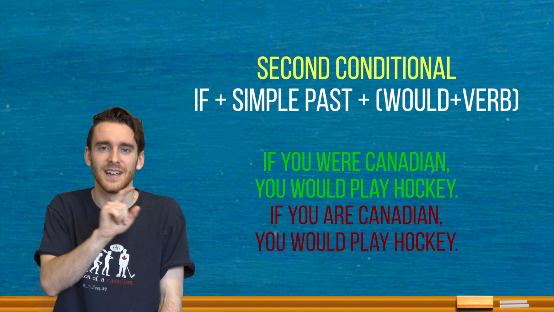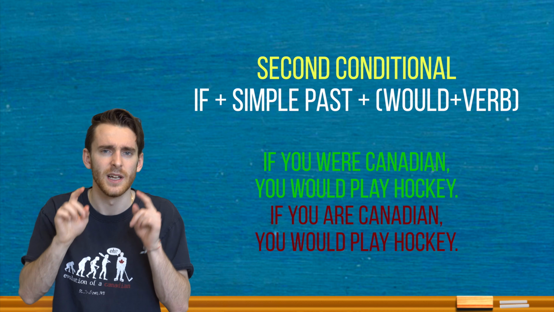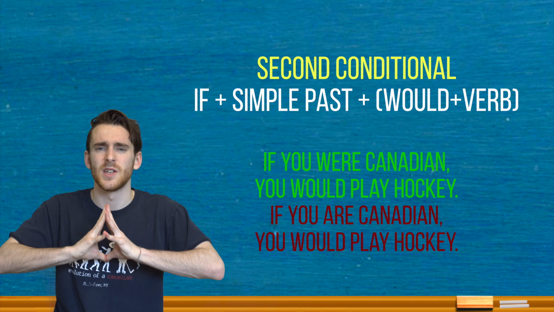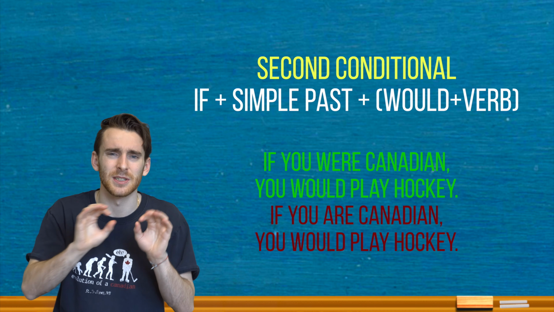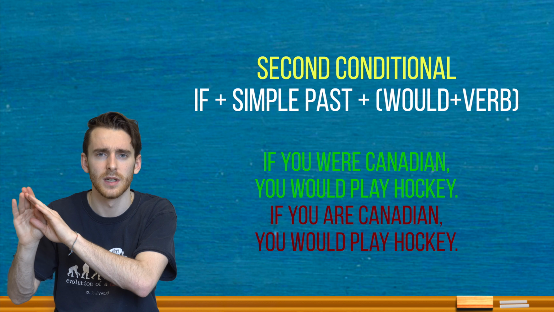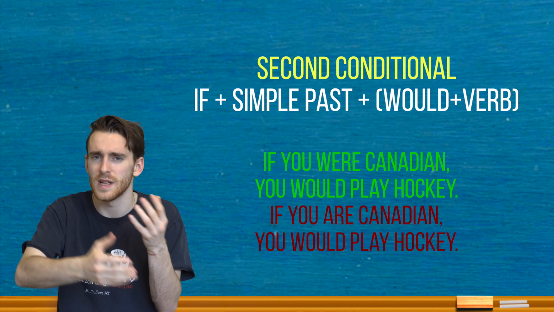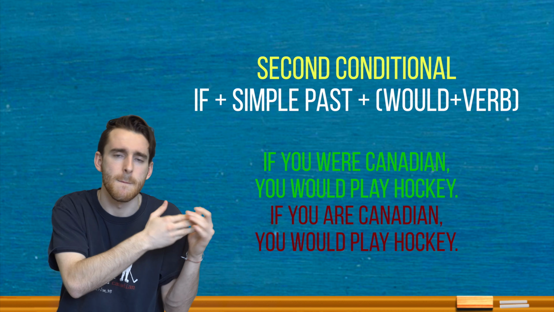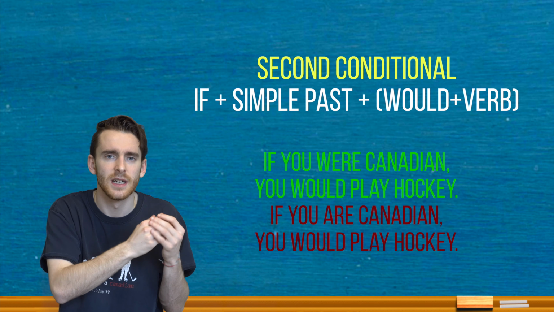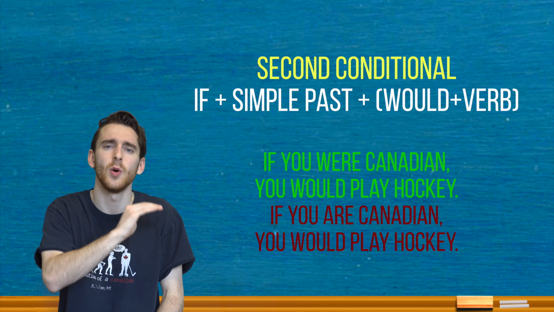I think. But yeah, if you were Canadian, notice, guys, with to be is the one exception. So it's always if plus past plus would plus verb. But with to be, even if we set it with he or she or it or whatever, whichever subject, it's always were. Okay, it's always were.